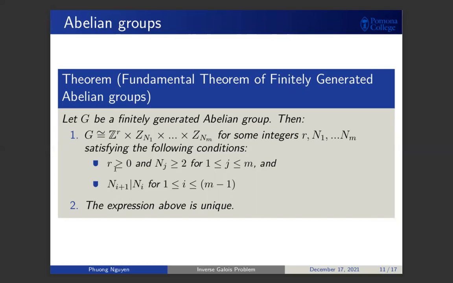The first condition is that r must be bigger than or equal to 0, and nj is bigger than or equal to 2 for all j between 1 and m, and n(i+1) divides ni for all integers i between 1 and m minus 1, and this expression is unique, right? So we have this isomorphism that is helpful.